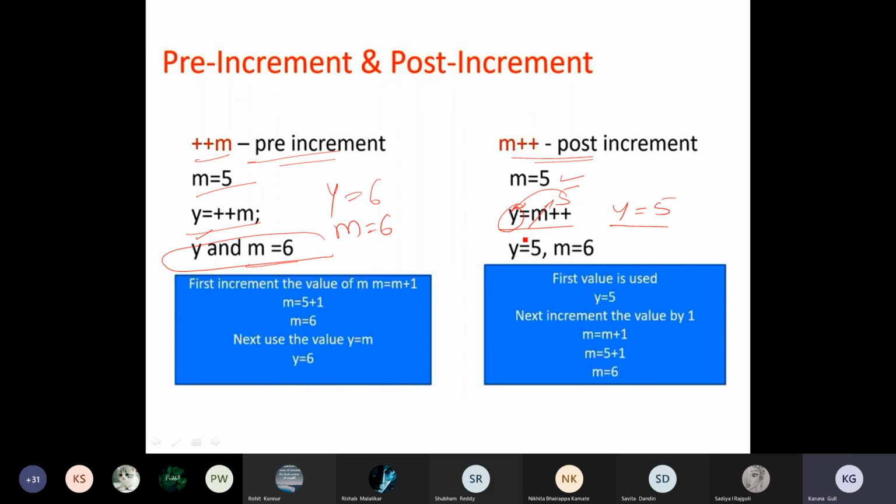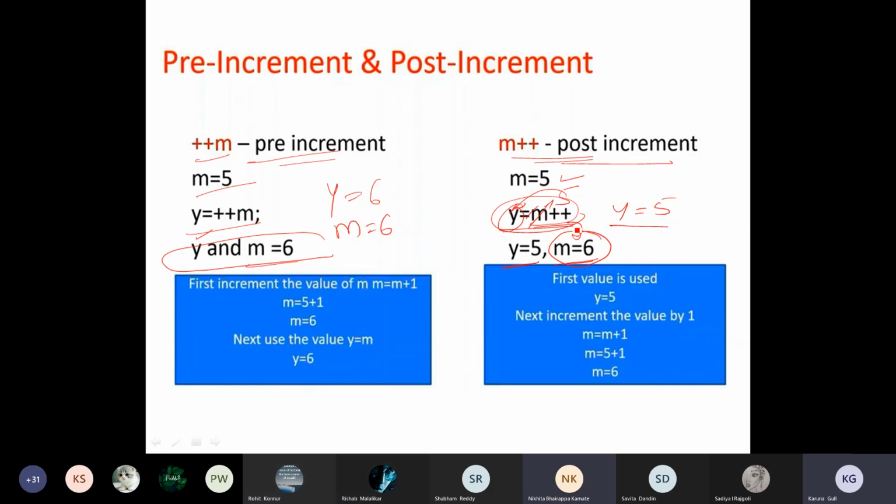After assigning this value, or after evaluation of this expression, the value of m will be incremented. That is the meaning of post-increment. That's why m is equal to 6 here, y is equal to 5 there. Is that okay? Yes, ma'am.